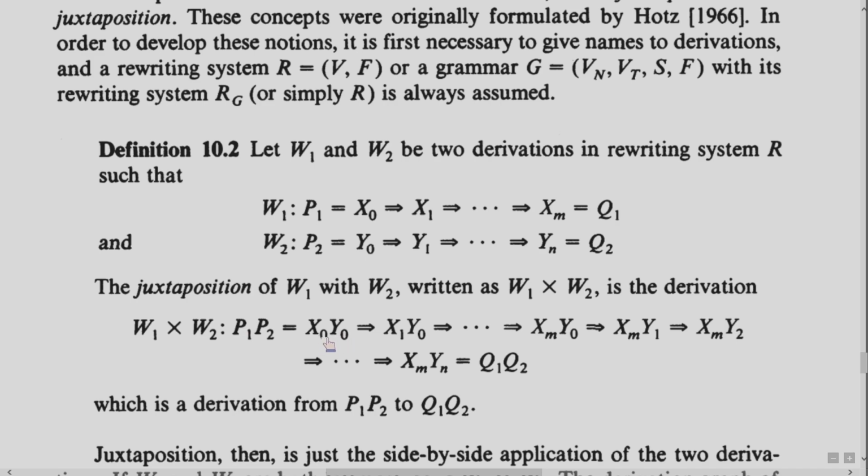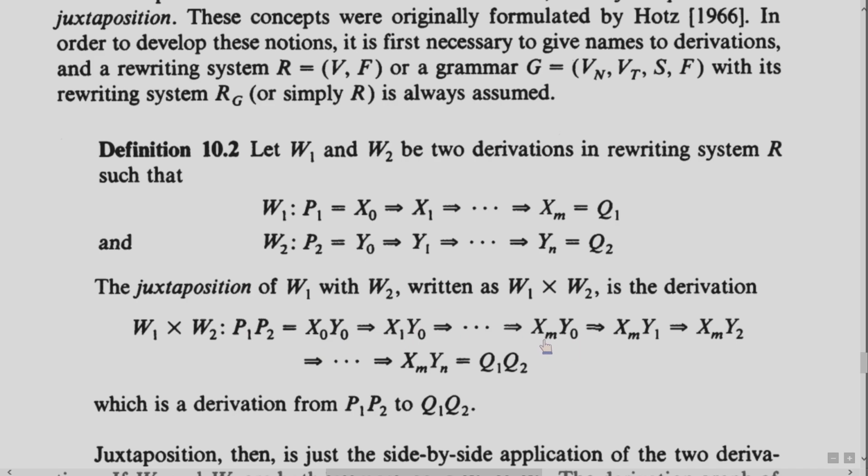For example, x0 y0 is a string in which x0 is replaced by x1, but y0 is not changed at all. Similarly, x1 will be replaced by x2, so it will become x2 y0, x3 y0, x4 y0, and so on, and in the last xm y0.